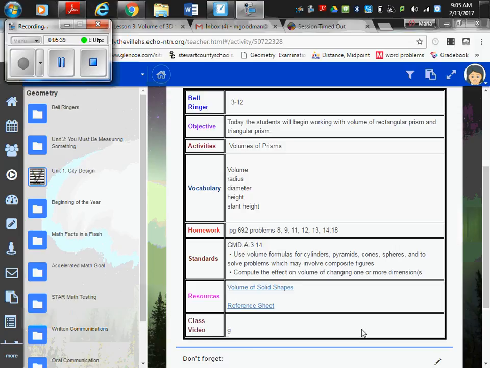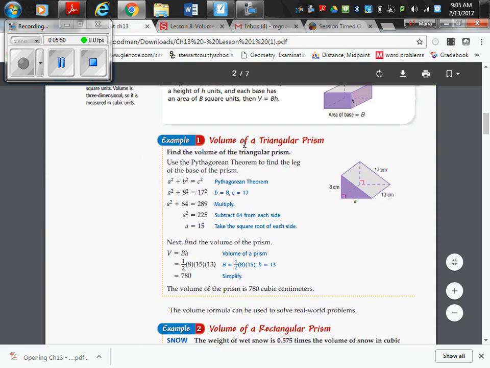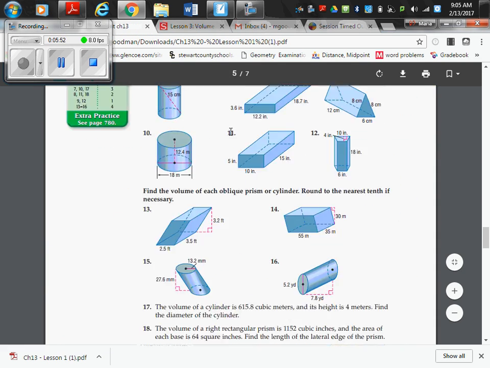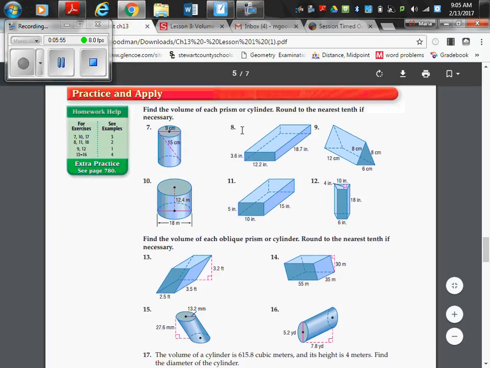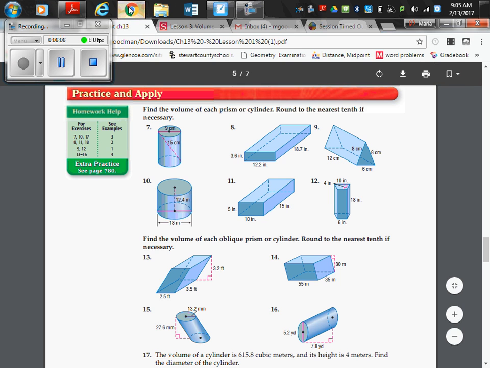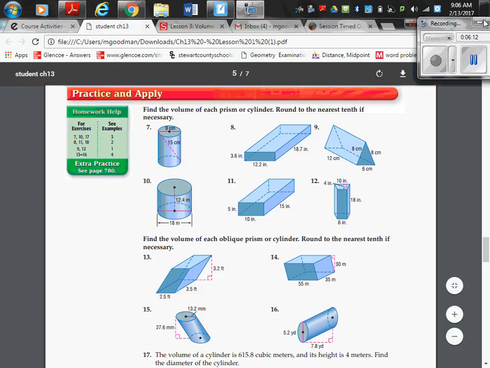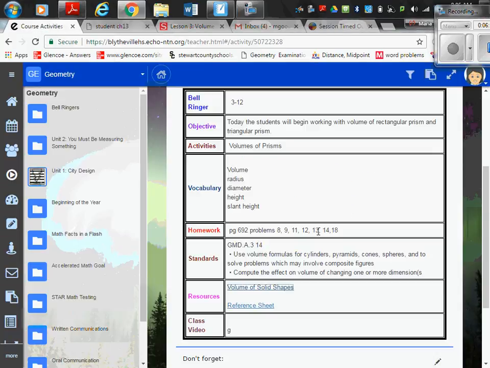Page 692 in the volume of solids book. Eight, 9, 11. Not 12. 13, 14, and 18.